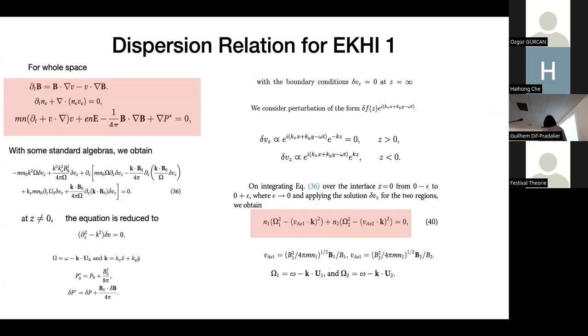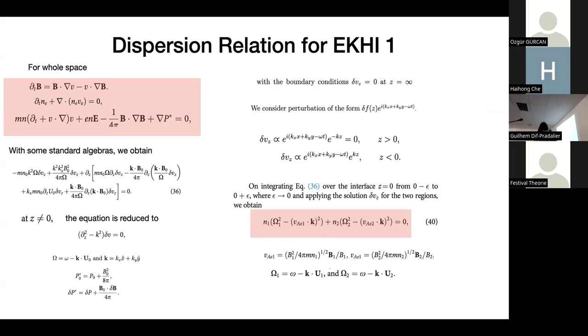Now everything becomes easier, and we can couple the electron continuity and the momentum equation with the Faraday equation, with the standard algebra you can find in the Chandrasekhar book.